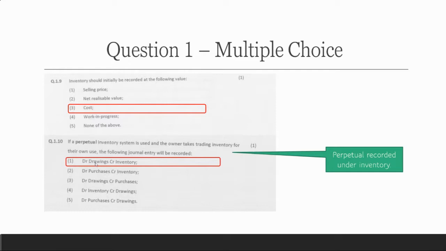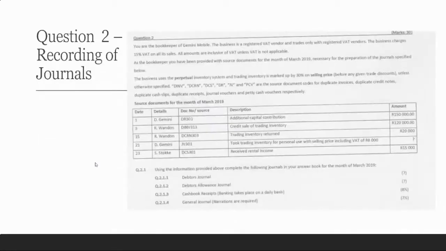So in question 2, what they've asked you is they've given you information. They haven't given you a lot of information in question number 2, but then they've asked you specifically to complete the following journals. So the debtors journal, debtors allowance journal, the cash book receipts, and in brackets they told you banking takes place on a daily basis.